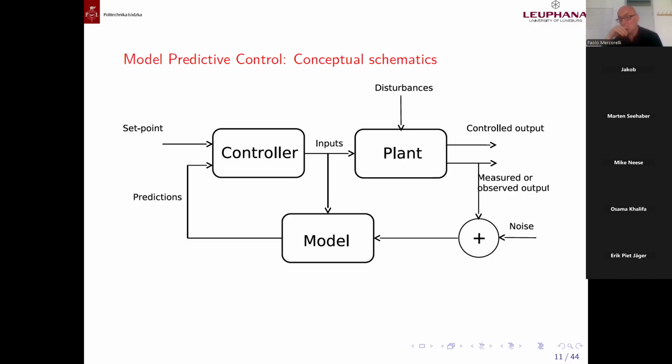Nevertheless, we try to model the plant in the best way we can. And we have basically two outputs, which are the predictions. At the end, the model offers the possibility to predict the future of what? The states of the system which we are considering. States of the system. This is never wrong, no?